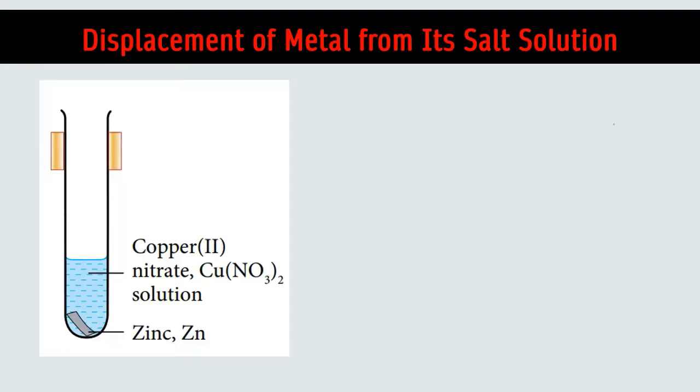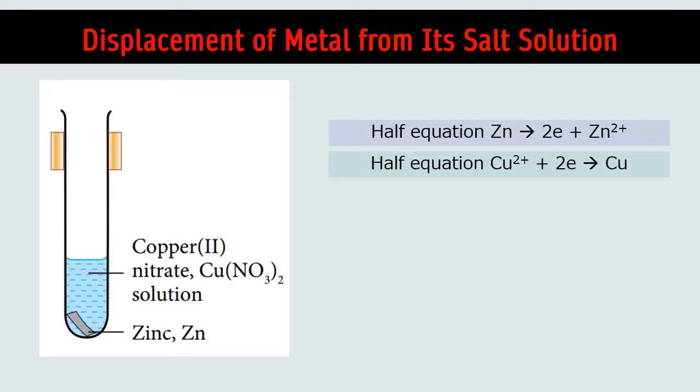Now, let us learn how to form an ionic equation for the reaction that occurs. As we know, the oxidation half equation is zinc atom releases electrons to form zinc ion, while the reduction half equation is when copper II ion receives electrons to form copper atom.